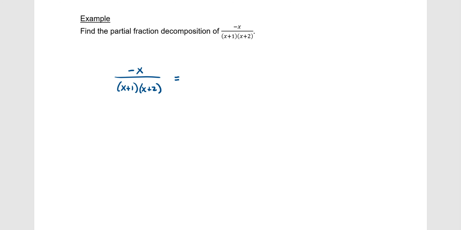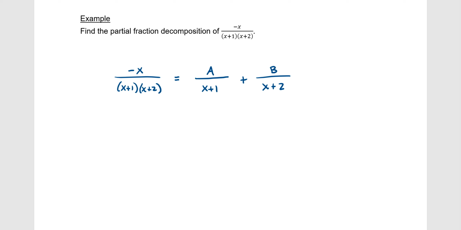So the first fraction has a denominator of x plus 1, and the second has a denominator of x plus 2. Since these are linear, the numerators are going to be constants. We can call them a1 and a2, but I'm just going to call them a and b.